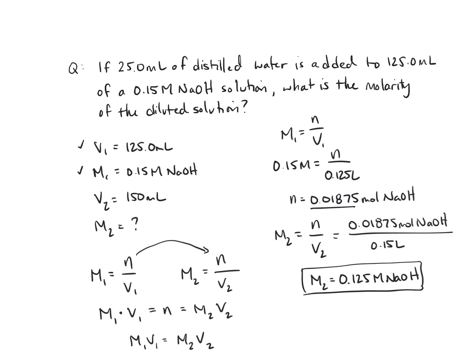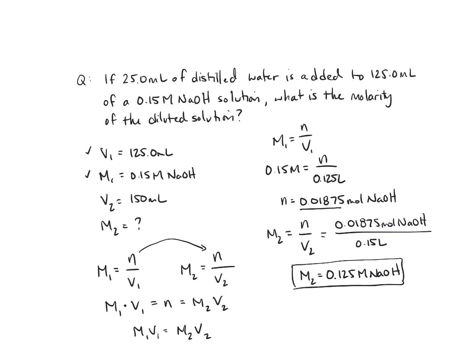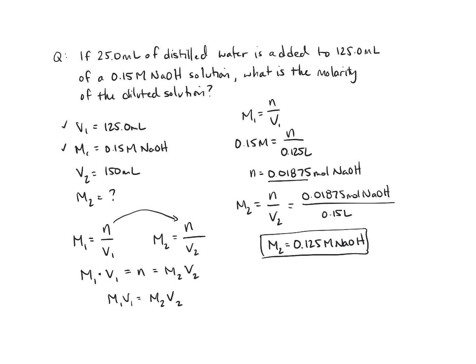Now, we could also do it the other way. If we do M1V1 equals M2V2, it's a little bit easier. We don't have to change the volume to liters. We can, which we will here, but we could leave it in milliliters because the units cancel each other out since they're on opposite sides of the equation. So I have 0.15 molar times 0.125 liters is equal to M2, which we don't know, times 0.15 liters.